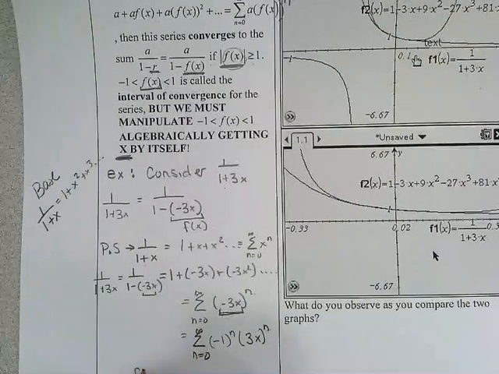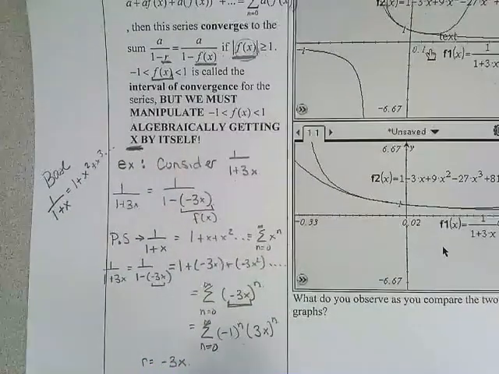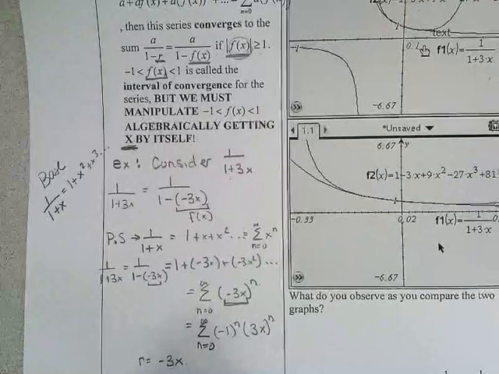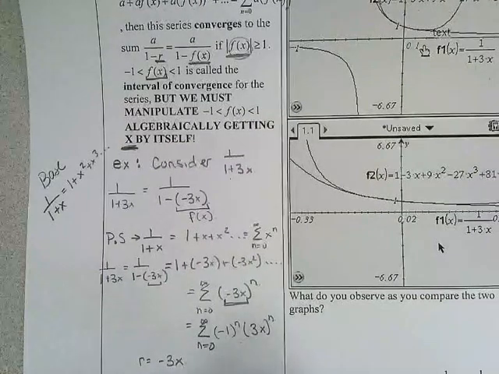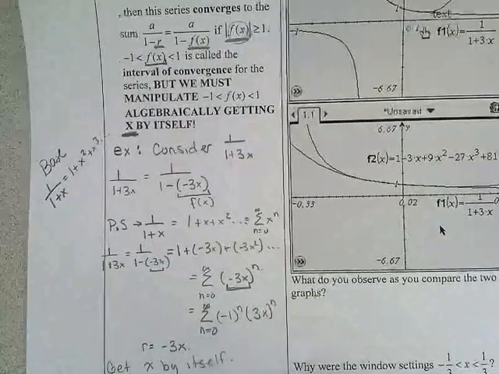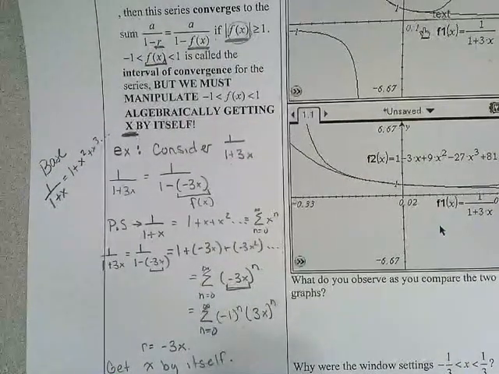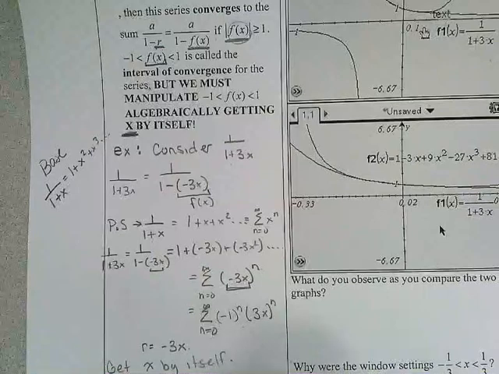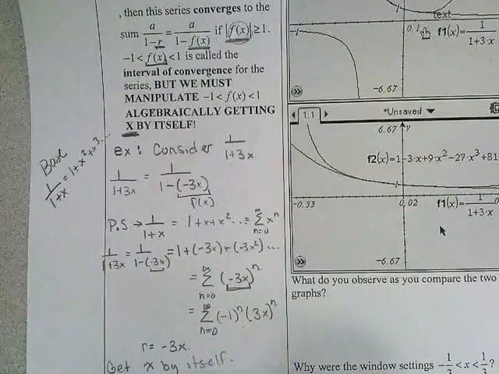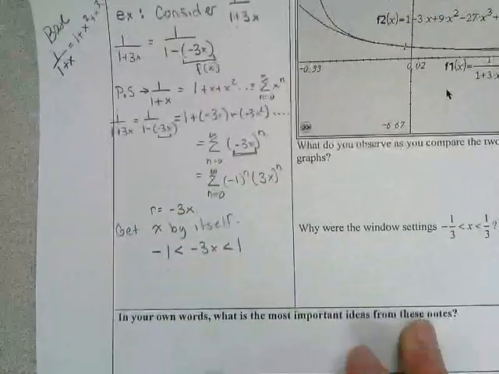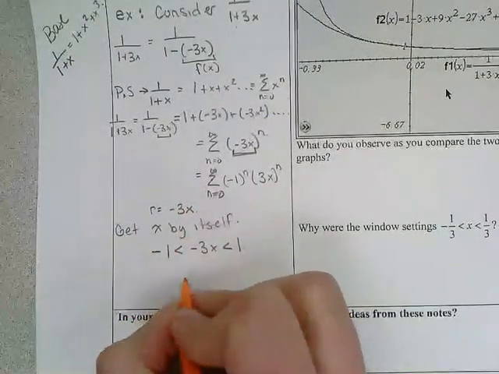So here r is negative 3x, so we're going to set it, to get x by itself and figure out our interval of convergence. We're going to set this in between negative 1 and 1, and we're going to solve.